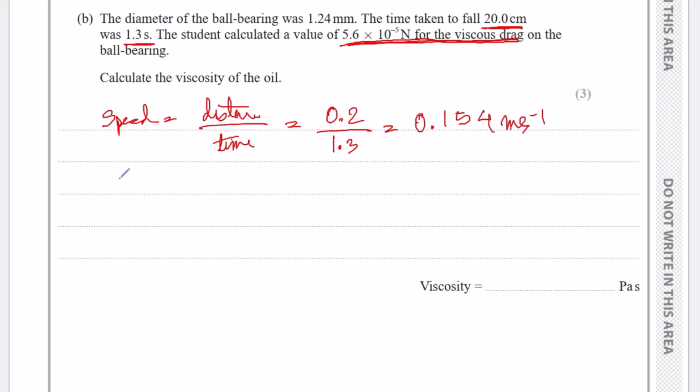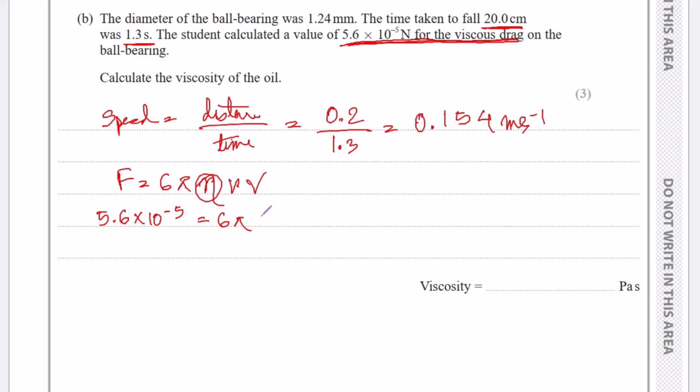So Stokes law force is equal to the drag force, which is F equals 6 pi eta RV. All right. So the value of F is given over here, 5.6 times 10 to the power minus 5 equals 6 pi.